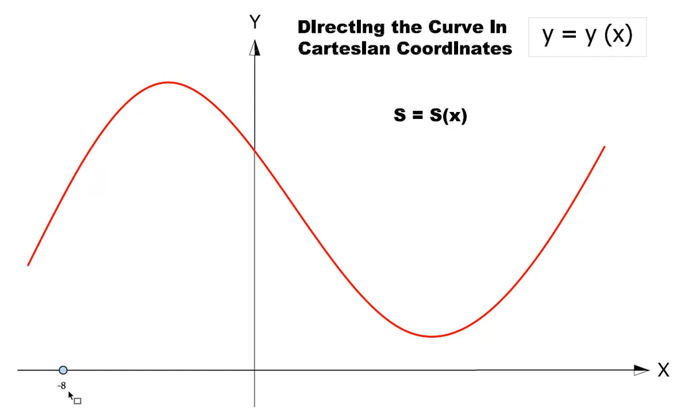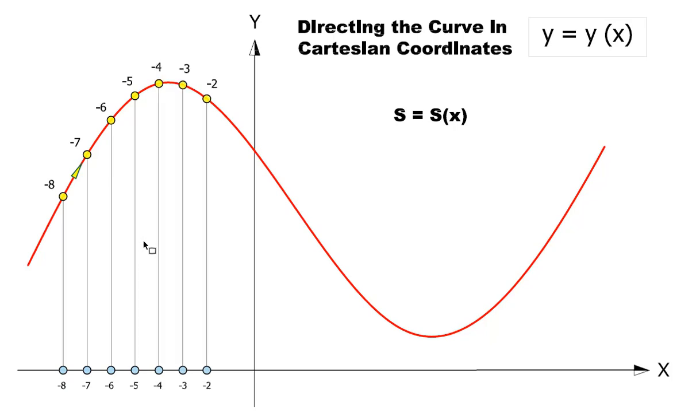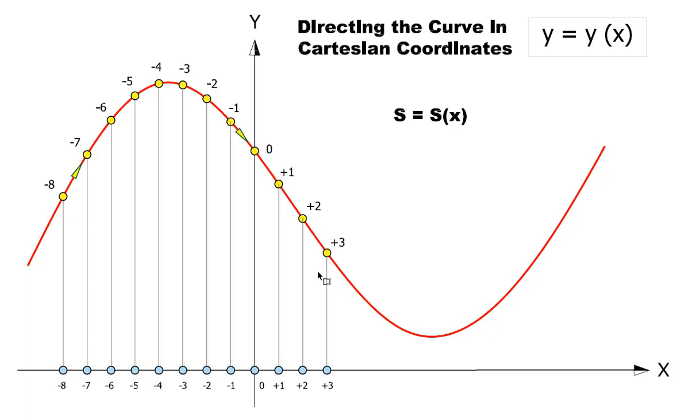So for each point, we have another corresponding point over the curve, and so on. So we can see how this point is moving over the curve when the independent variable x is increasing.